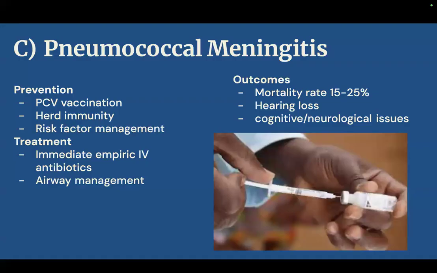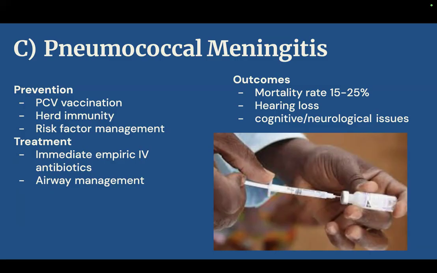When pneumococcal meningitis is suspected, it's treated as a medical emergency with immediate high-dose intravenous antibiotics, typically a third-generation cephalosporin, plus another drug to cover resistant strains, and often with early dexamethasone to limit inflammation to the brain.